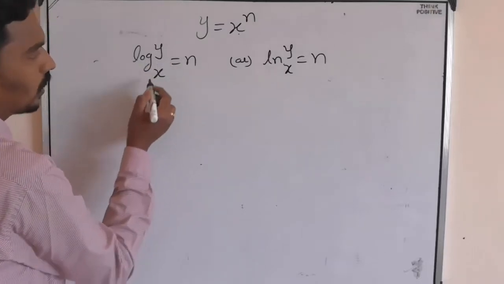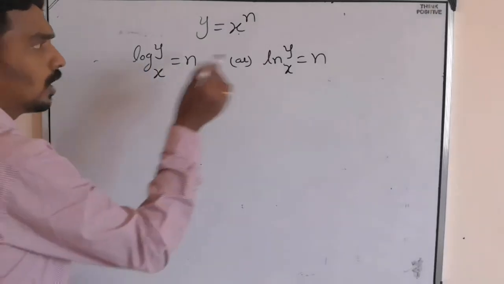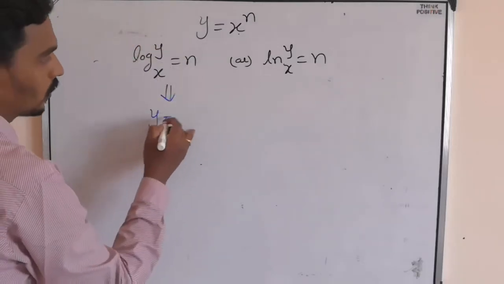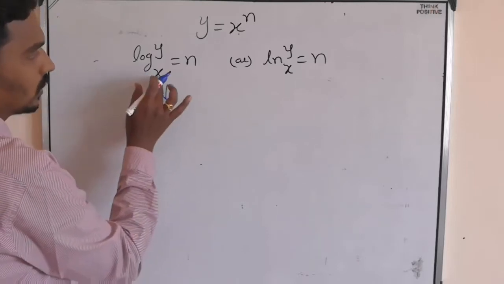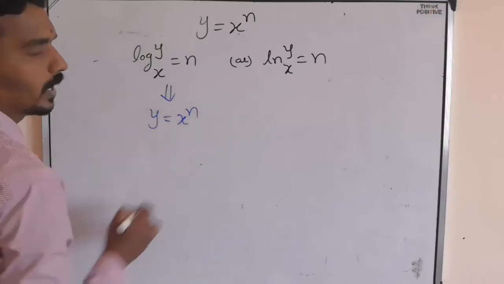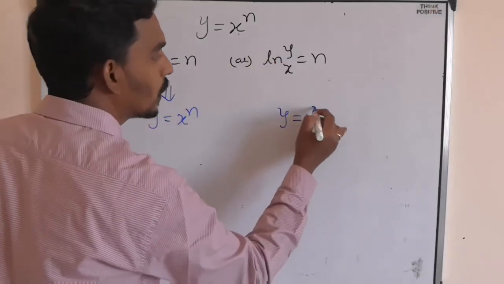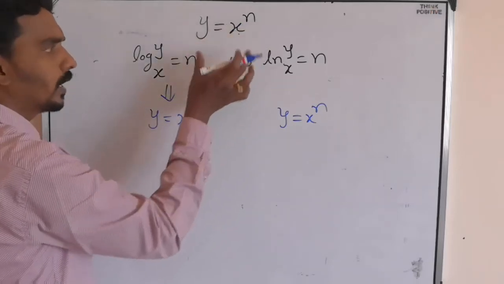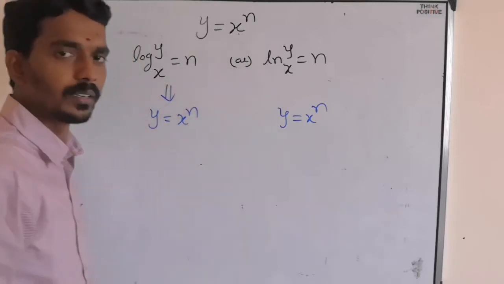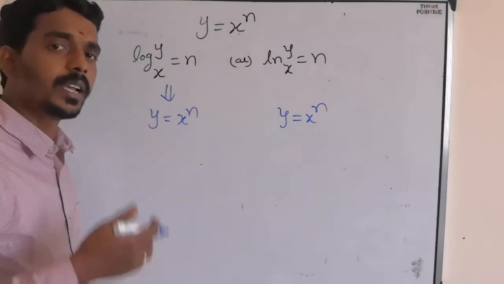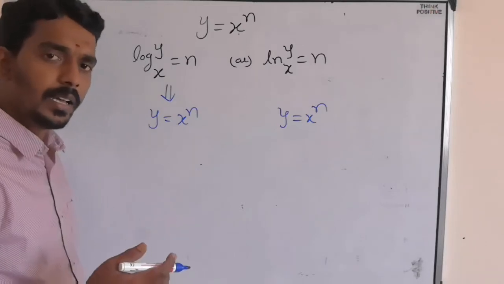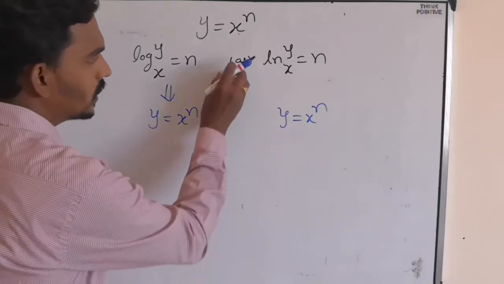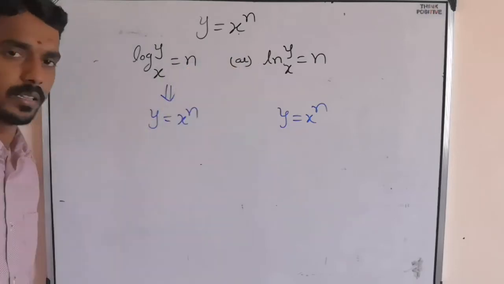If you know logarithm, then if you remove log, the answer will become the exponent. So y equal to x power n. You can change the function from exponent to logarithm, logarithm to exponent, depending upon the situation, depending upon the necessary calculation to be done. So this is the relation between exponent and logarithm.